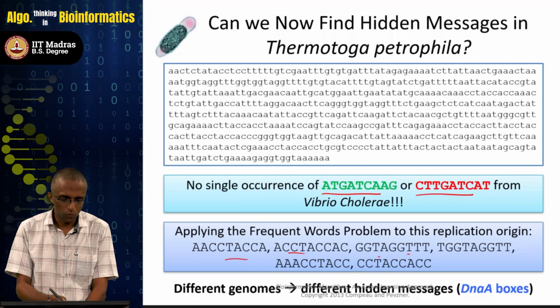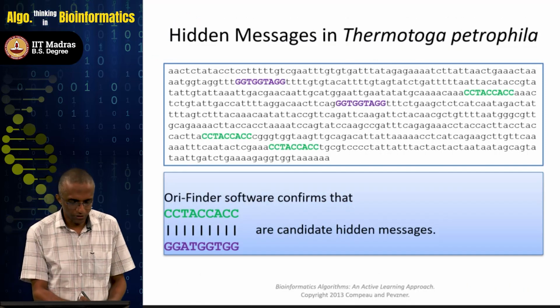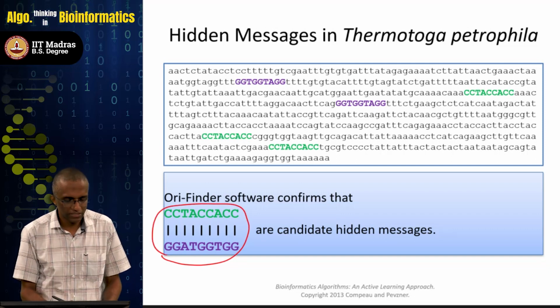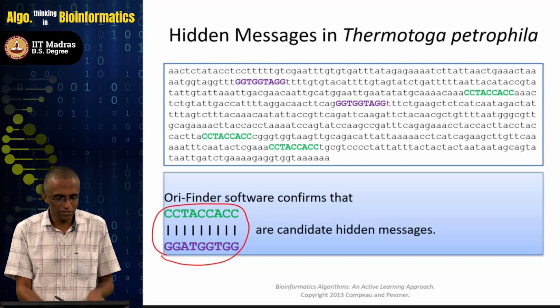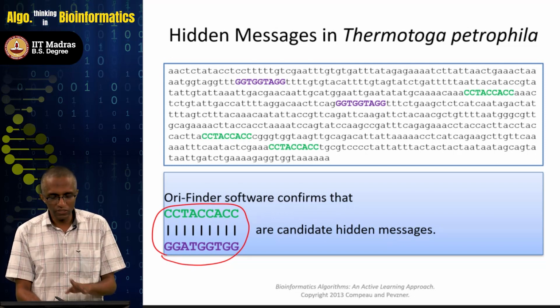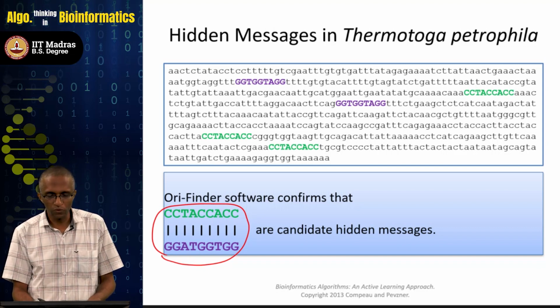There is software called OriFinder that implements these different heuristics for finding replication origins, and this is the one it finds, a candidate hidden message in Thermotoga petrophila.